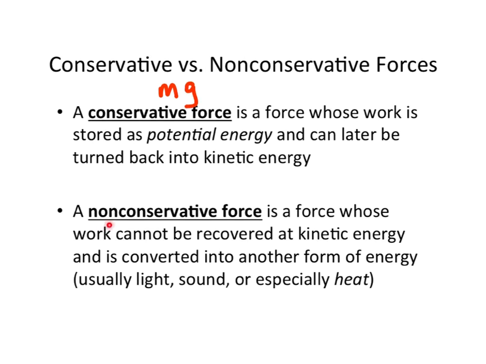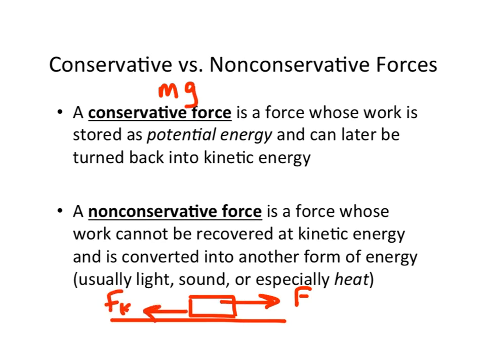On the other hand, a great example of a non-conservative force is friction. If you have this box right here and you apply a force in this direction to cause the box to move, friction is acting against you the whole time. You're working against friction, or friction is working against you.